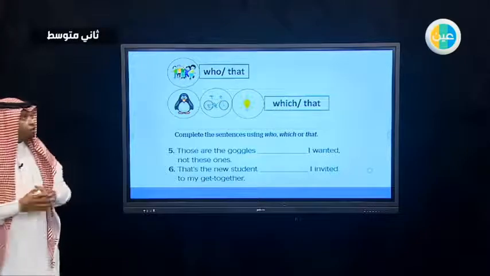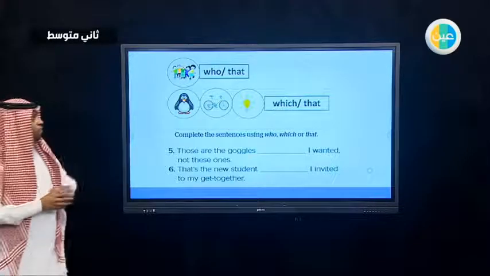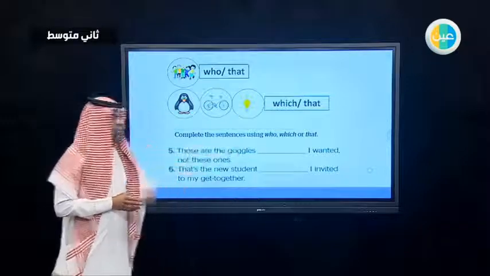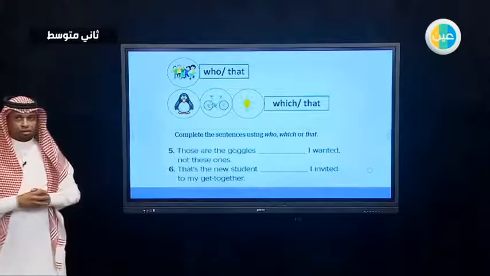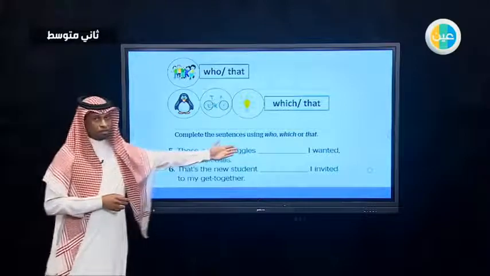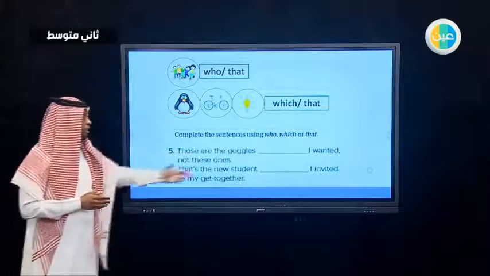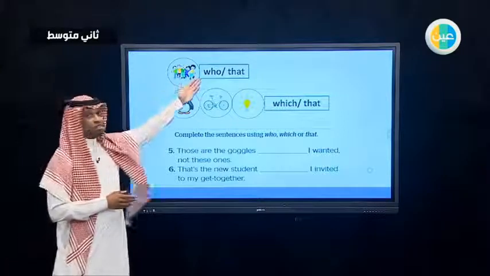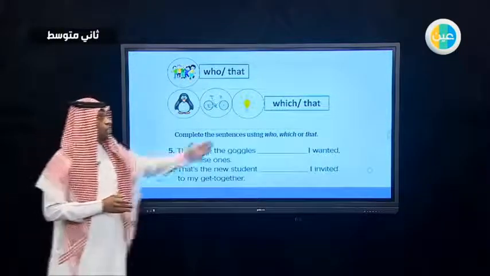We can say that both words, that or that, can be used in all answers here. We can say here that. Also, we can say here that. But how about who? This is the difference. Who and which.